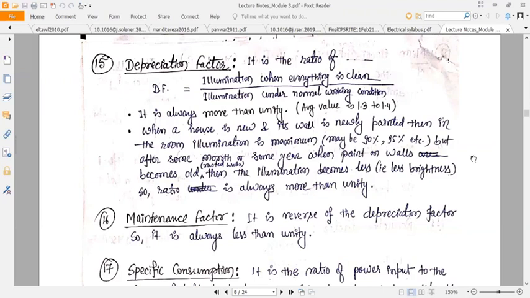And the second is the normal situation, normal working condition. ठीक है, तो ये तो कह सकते हैं कि under standard situation, when everything is clear, the illumination will be at highest level, and under normal working condition, illumination will be a little bit lower than the standard level. So this ratio will be greater than 1 always. So the depreciation factor is always greater than 1.